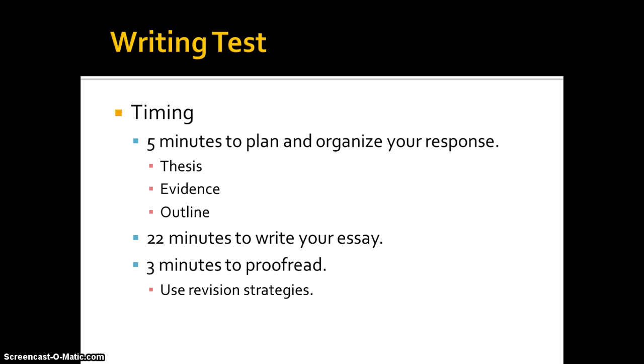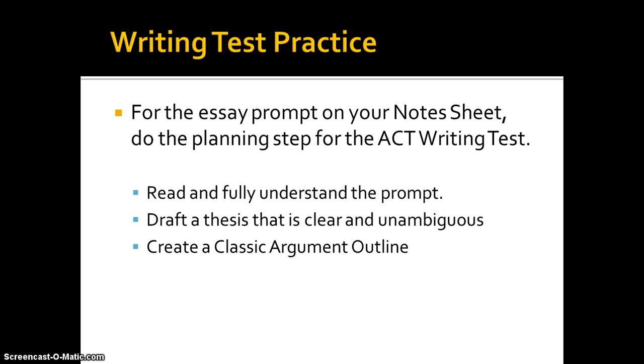So let's do a little writing test practice here. On your note sheet, you have a prompt for the ACT writing, and I want you to do just that step one. Read and fully understand the prompt. Draft a thesis that is clear and unambiguous, and then a quick little classic argument outline. Some sort of introduction, a good, clear, solid thesis, a counter argument, your lines of argument, background, conclusion.